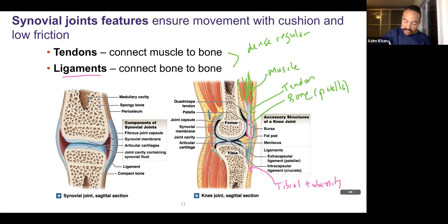And you can see a ligament connecting from the patella to the tibia. That's one example of a ligament. This ligament is outside of the capsule.